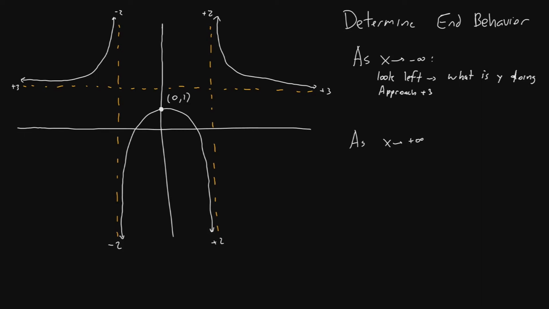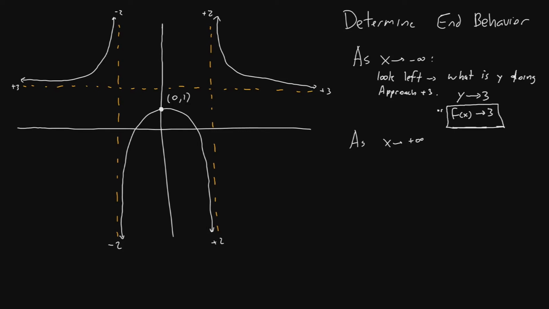Now, it's not going to touch the positive 3, but it does go toward it. So we can say that y goes to 3. Or you can also say f(x) goes to 3 if you prefer that notation. But they both mean the same thing. So we could say as x goes to negative infinity, f(x) goes to 3.